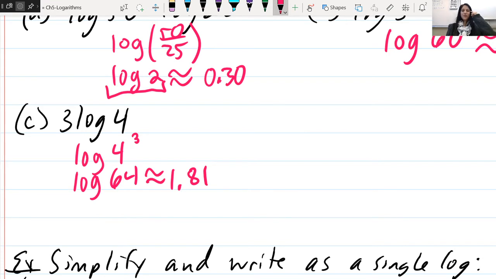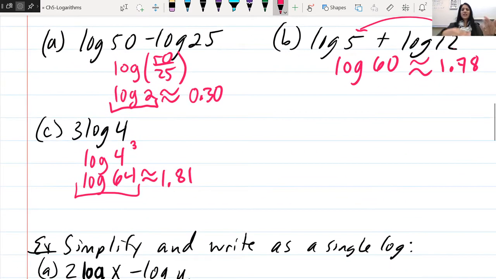Log 64, so 64, you'd think it's a large number. You can see the impact that the log has. It ends up being 1.81 on the number line. Does that make sense? Okay, so that's the only reason I wanted us to use our calculators, so you can start to wrap your head around what this actually is. Good?